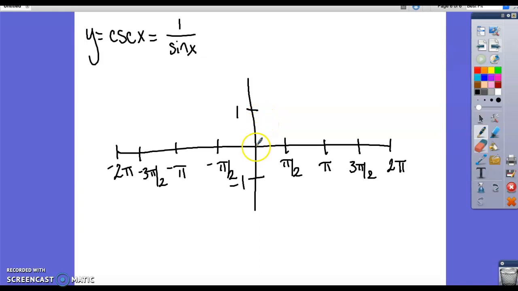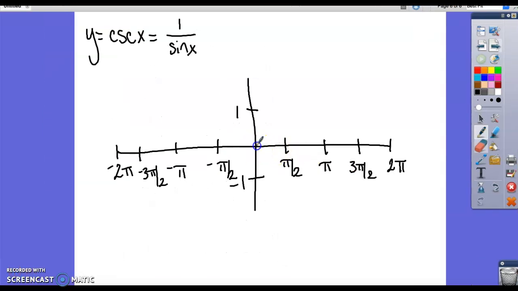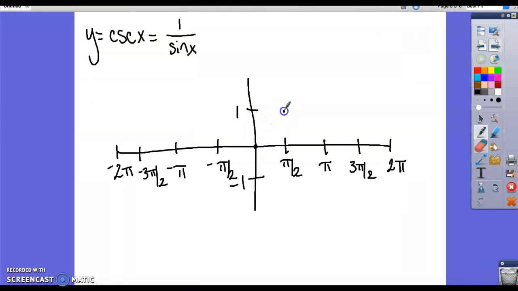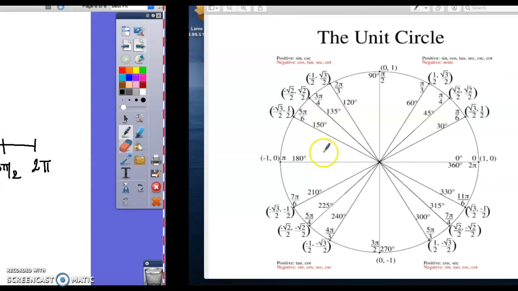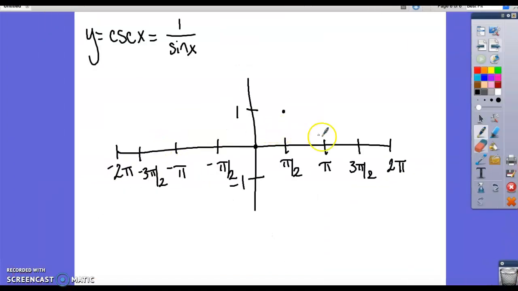Okay, so when we start at the origin, at 0, if I look at my unit circle, at 0 degrees, the sine is 0, and so I put that point there. At pi over 2 radians, the sine is positive 1. At pi radians, the sine is 0.